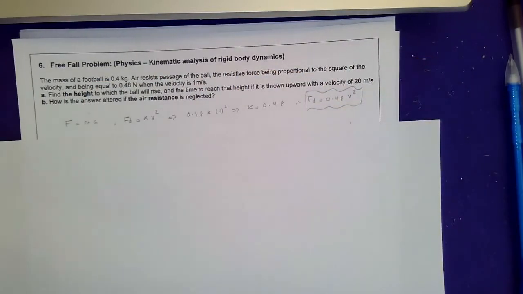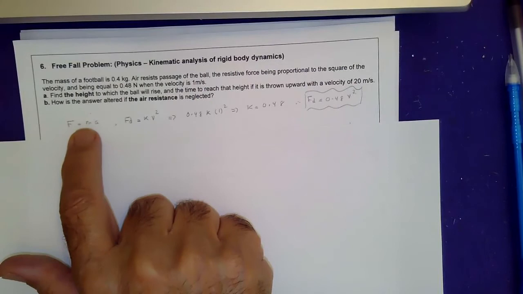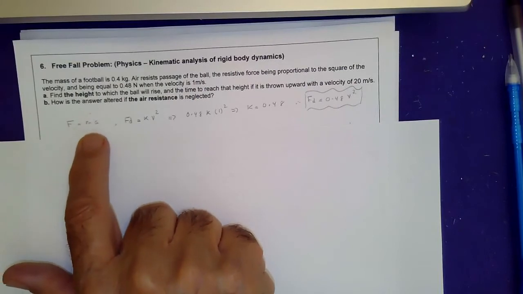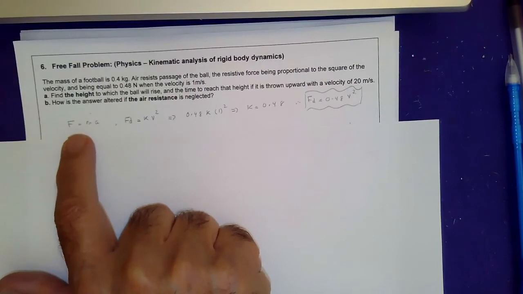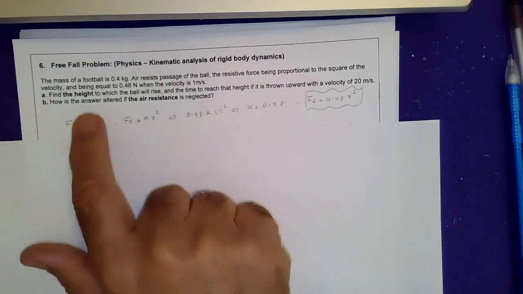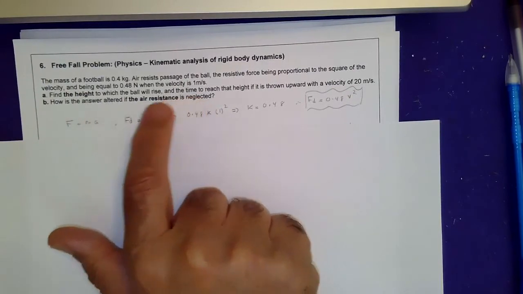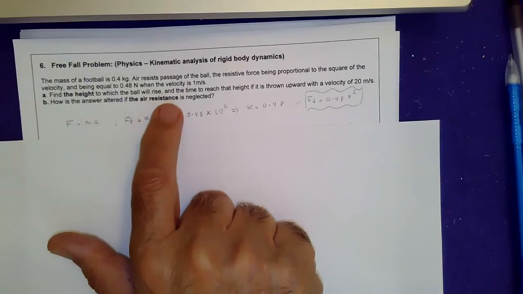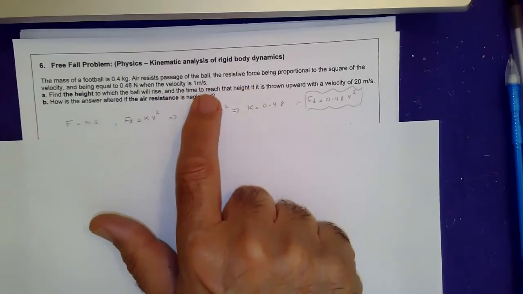Okay, you know the second law of Newton's for motion is net force acting on a mass is proportional to the acceleration. F is equal to ma. Now, in the first part, it says pretend you have an air resistance.